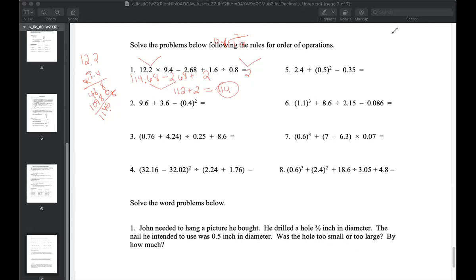And Mr. G, when they say in the little explanation mark, but it say 0.5, what's the 2 mean? The 2 is an exponent. So it means squared. That means you need to multiply 0.5 by itself. Oh, okay, got it.